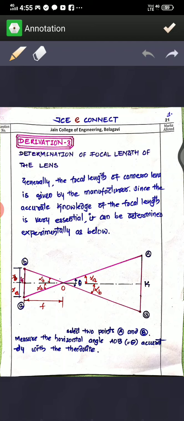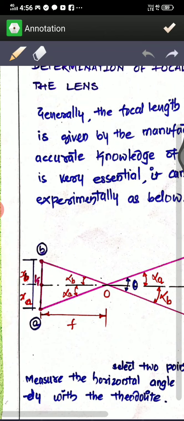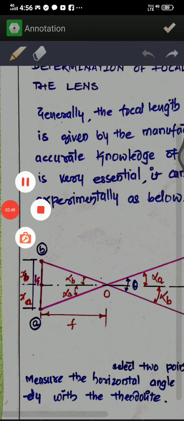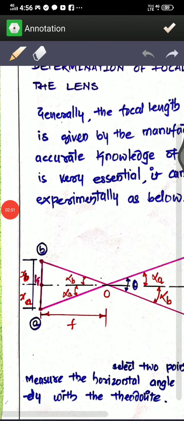Now the distance from the negative: you will have the principal point here, and on the negative also you will have a principal point, small k. The distance between small k and O we call the focal length. On the negative you will have small a, small b and k.